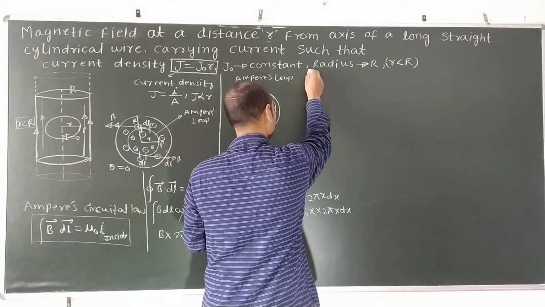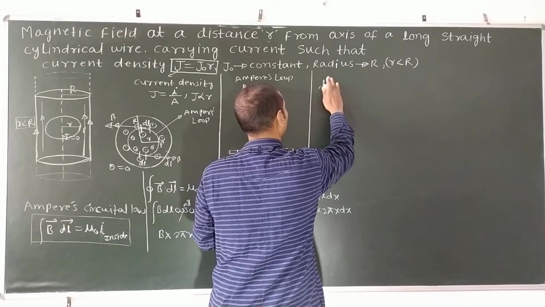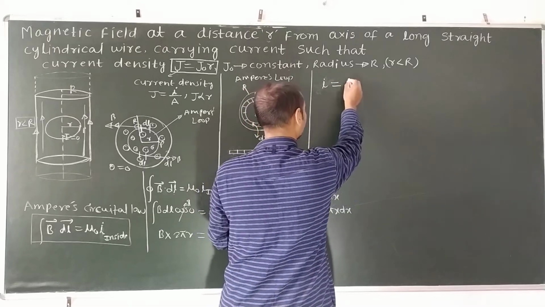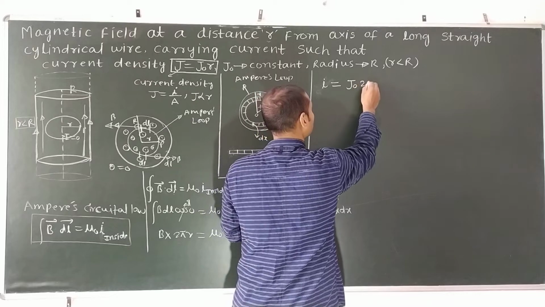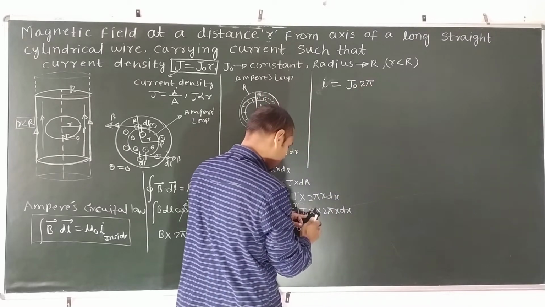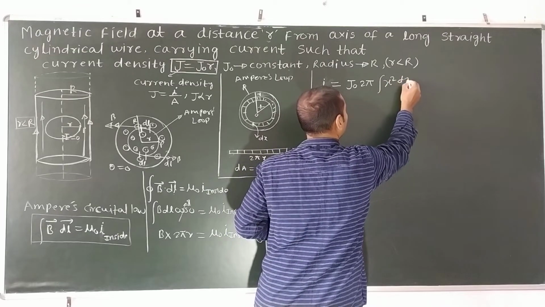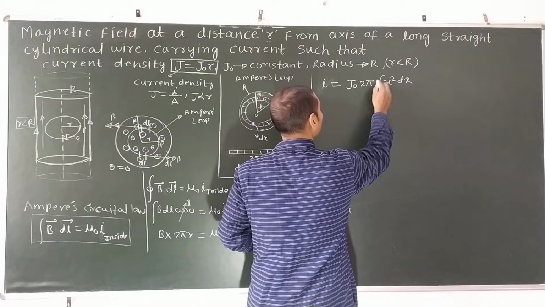As we integrate, I is equal to J naught, which is a constant, and 2 pi is also a constant, so they come out. Our integration is for x into x square dx, that is x square dx, from 0 to r.